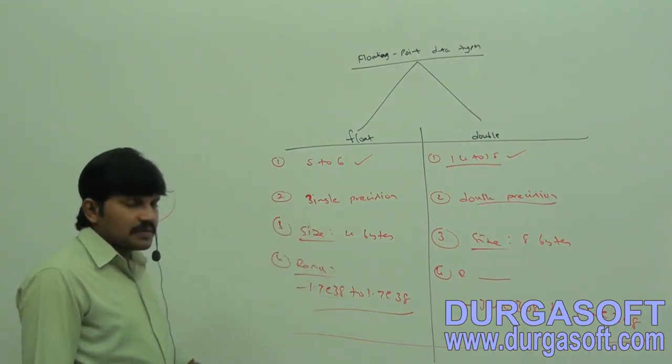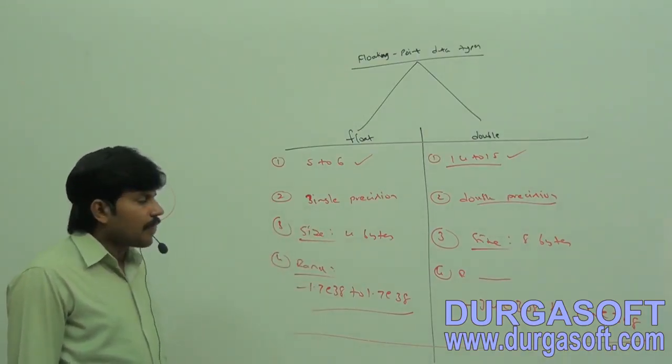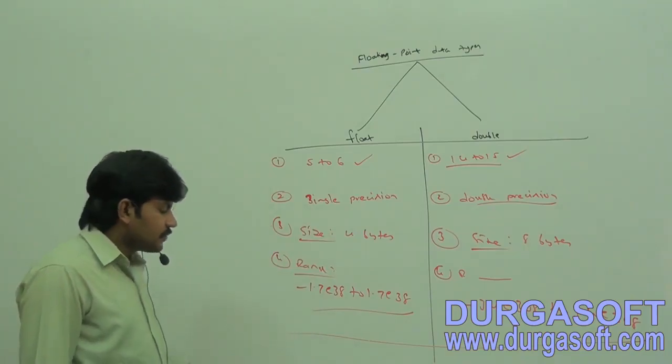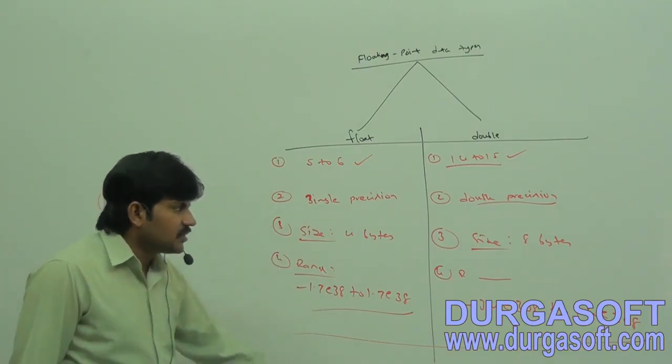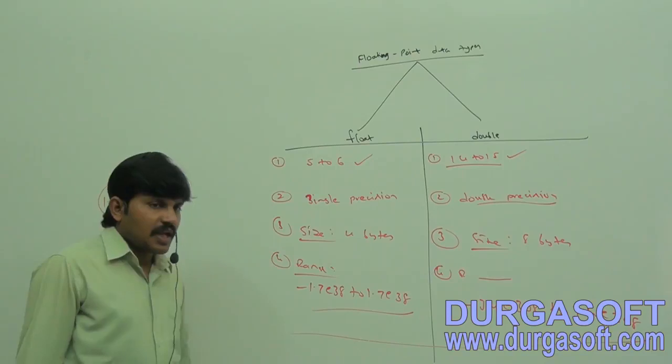Next, size: 4 bytes for float. On the other side, size 8 bytes for double.